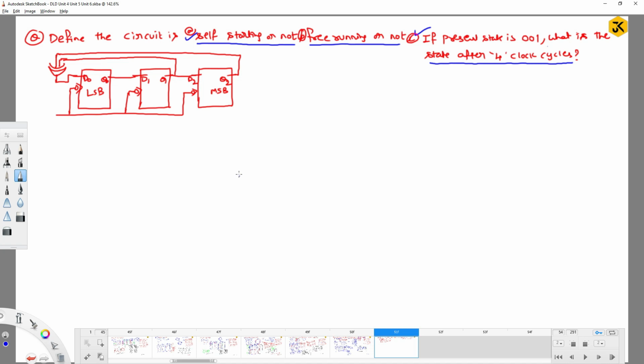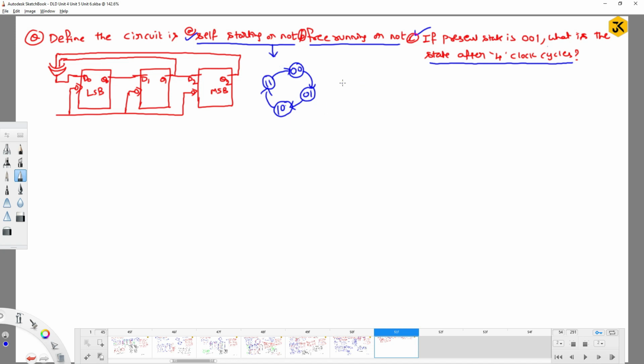Okay, fine. To solve this question you have to know the meaning of self-starting. Self-starting means, in counters, if I start at one state like 00, it can go to the next state, then to another state, then to another state.